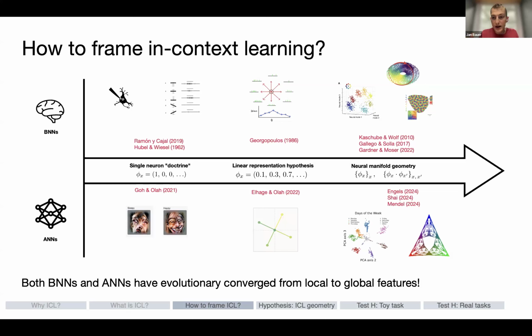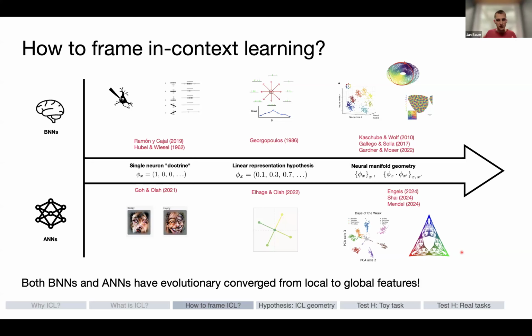And very similarly, again, this geometric perspective has very recently found a lot of interest in artificial neural networks as well, where here the days of the week, for example, lie on a semantically structured manifold, or here this belief state geometry by Adam Shai.